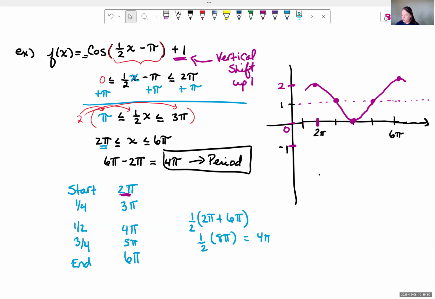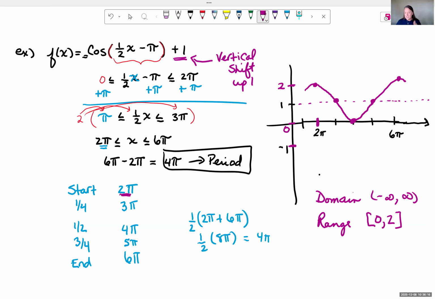So our domain here is all real numbers, so -infinity to infinity. The range is all the y values you're hitting on the graph. So the range in this case, because of the shift, our smallest y value we hit is 0 with a bracket, and the largest y value that we're hitting on here is 2. So that is our range.